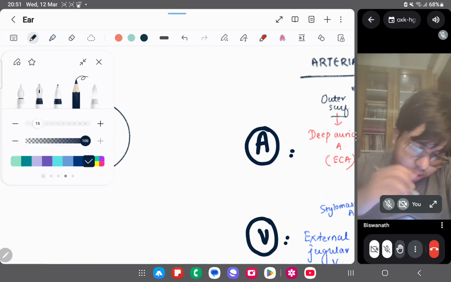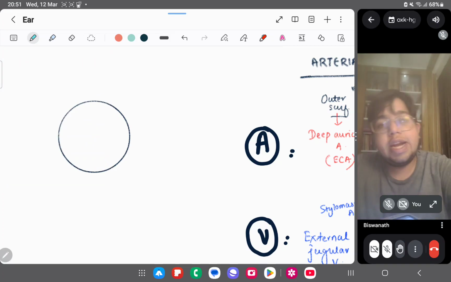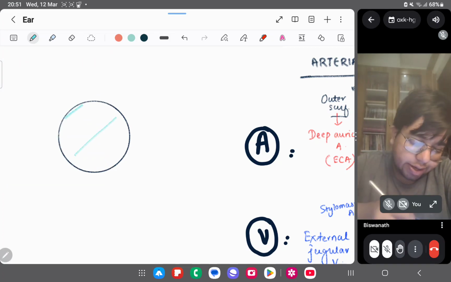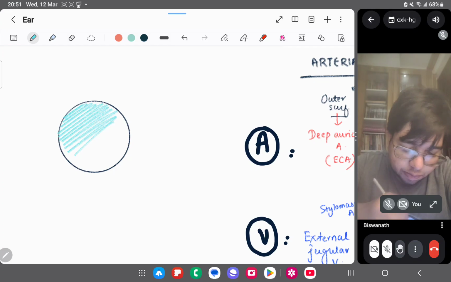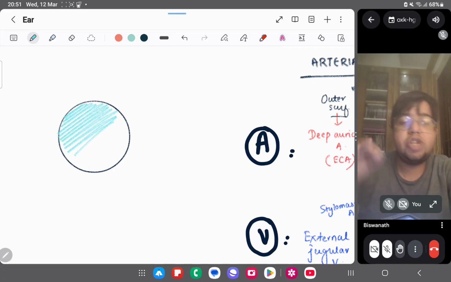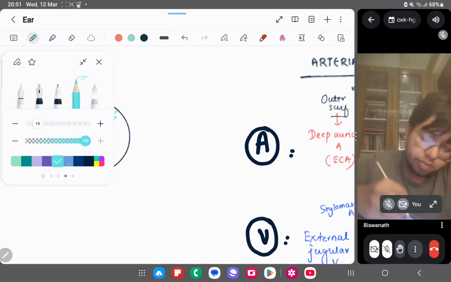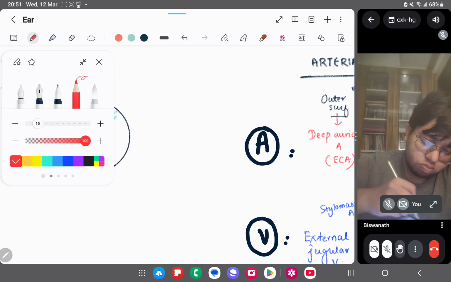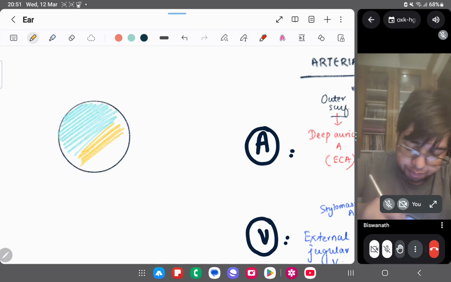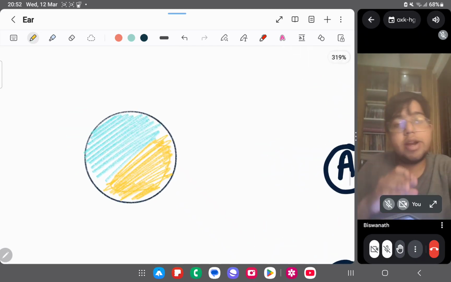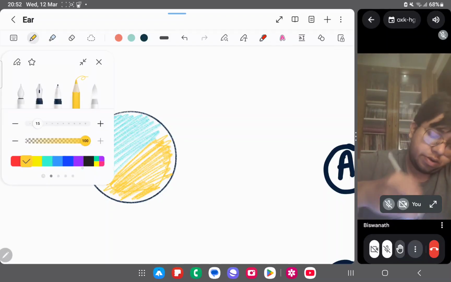you can divide it like this. This is the posterior superior quadrant, and this is the anterior inferior quadrant.